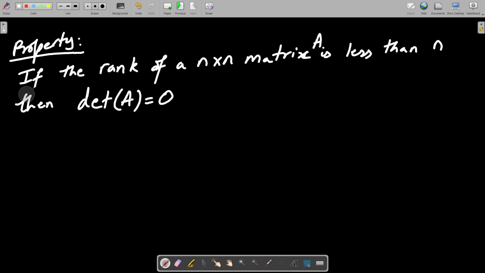So if you have a matrix of size n cross n whose rank is less than n, then the determinant of A is 0.